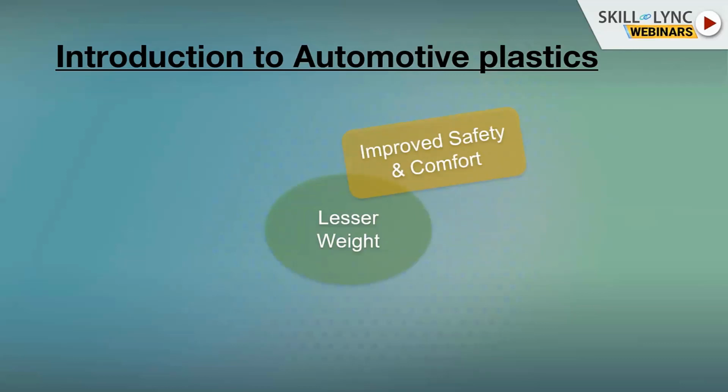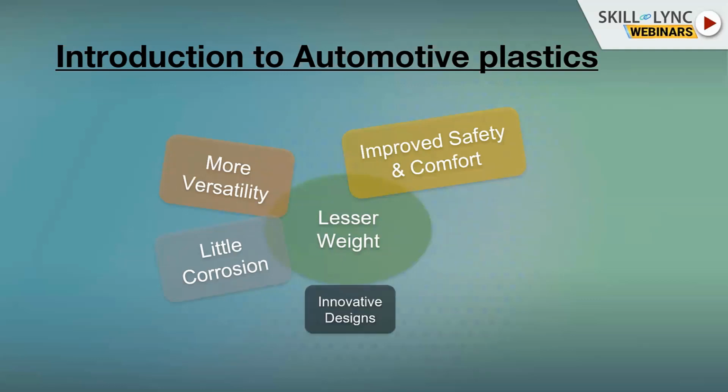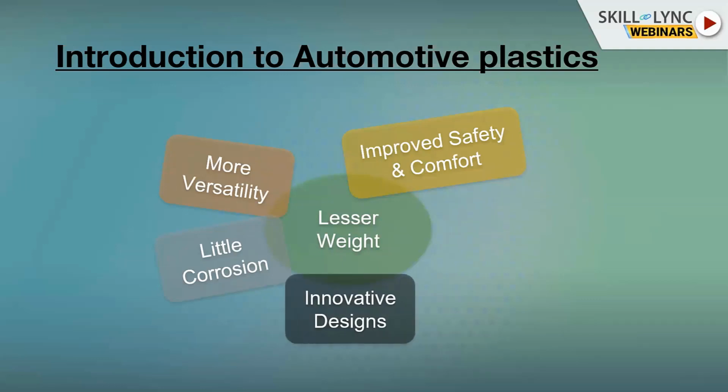Plastic improves passenger safety and comfort, and it has more versatility. Plastic corrodes a little less than metal, and as designers know, plastics are easy to manufacture in mass production, so they can bring in innovative design and extended vehicle life.